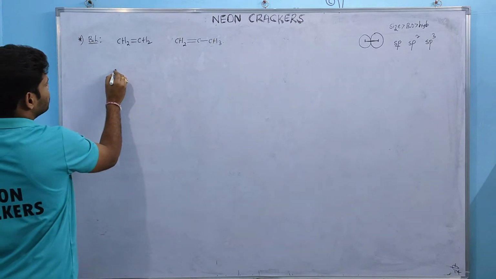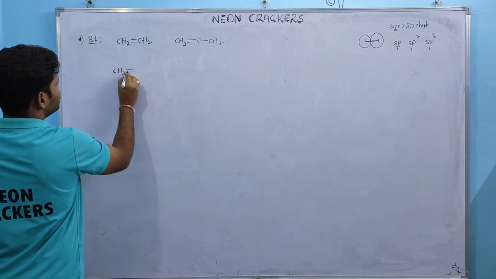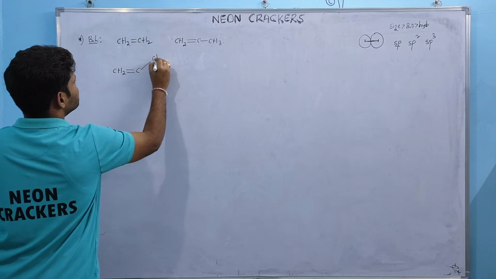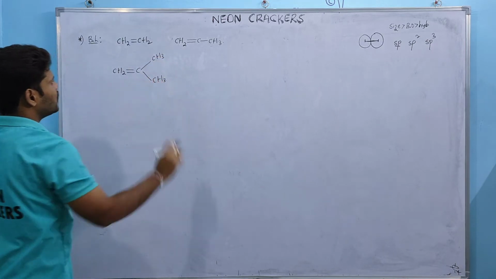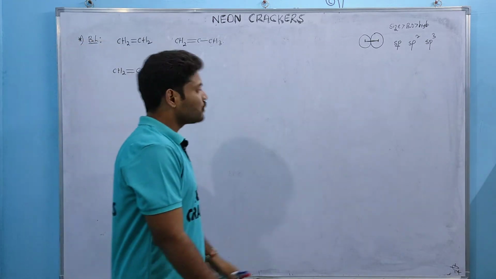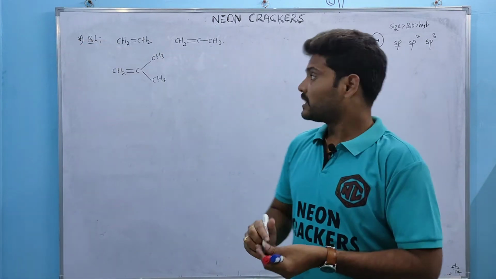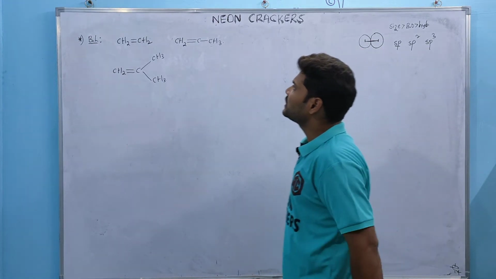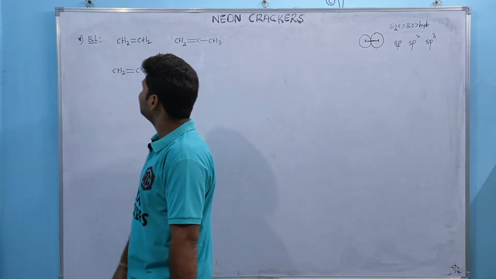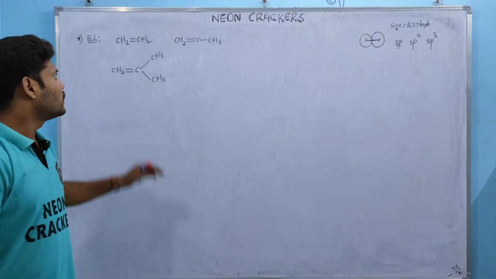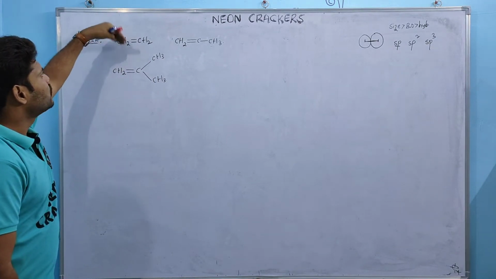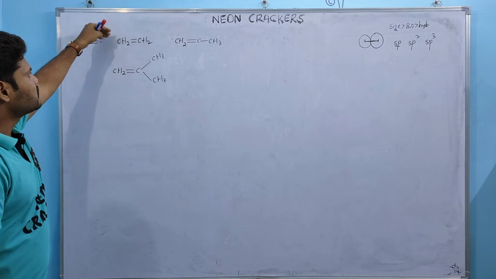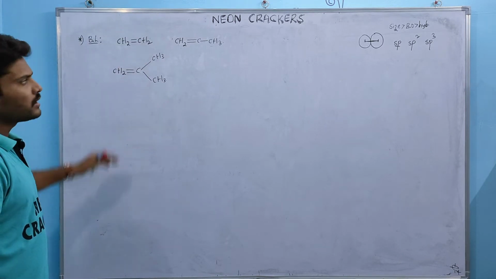The third one is CH3-CH=CH-CH3, so two methyl groups are present. Now you may observe one effect: hyperconjugation. In the first one, of course, there is no hyperconjugation. There is no inductive effect also, because there is no polarity; everything is non-polar in nature.